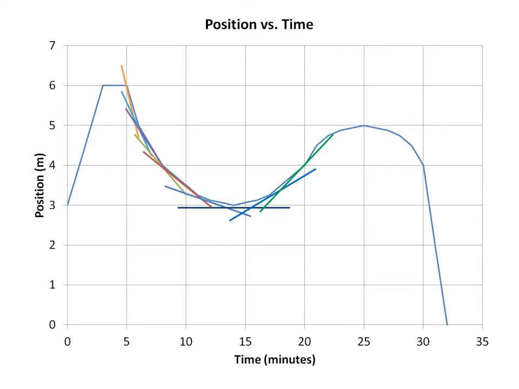And if you look, you've got a high negative velocity on the far left hand side, a relatively high positive velocity on the other side, and a zero velocity when the curve is at the bottom.